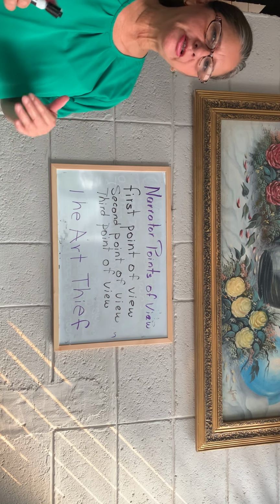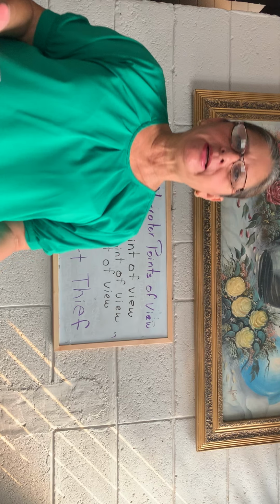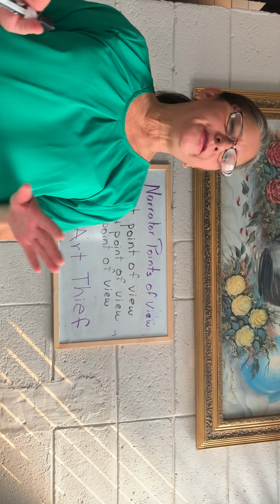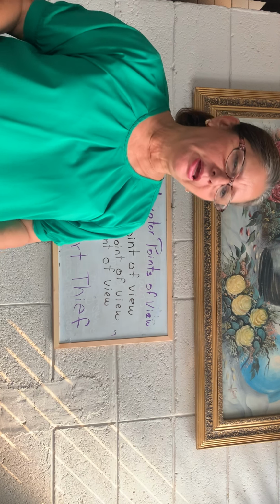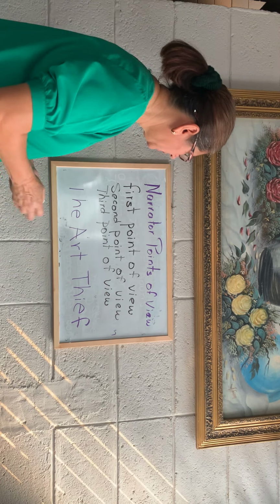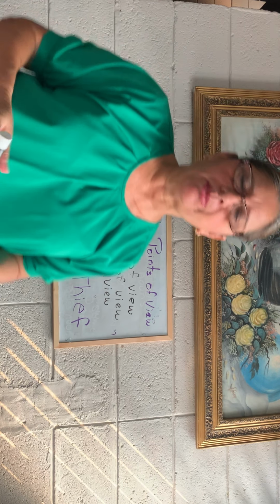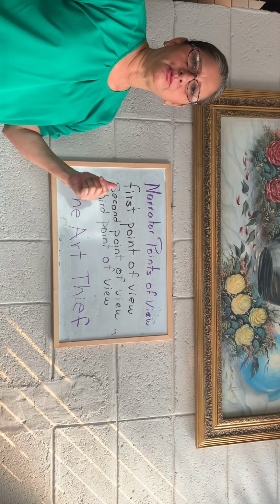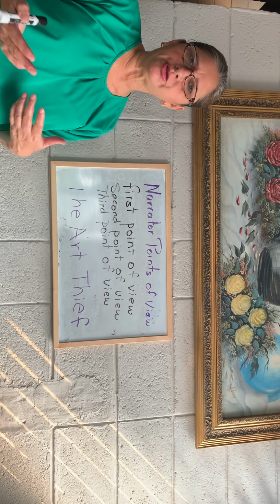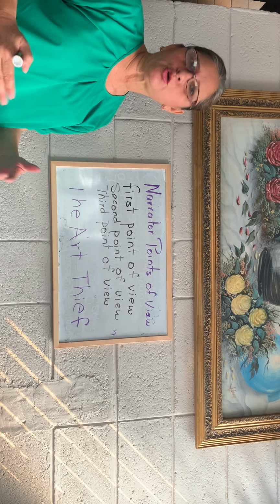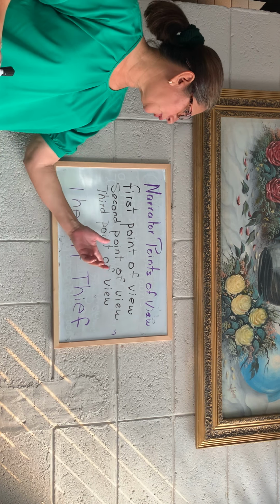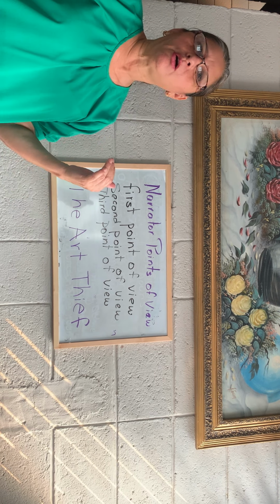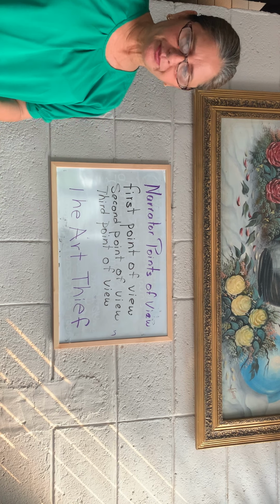First point of view is when the narrator is telling the story in first person, and he uses the pronoun I. The second point of view is when the narrator uses the pronoun you. And third point of view is when the narrator uses other personal pronouns, he or she.